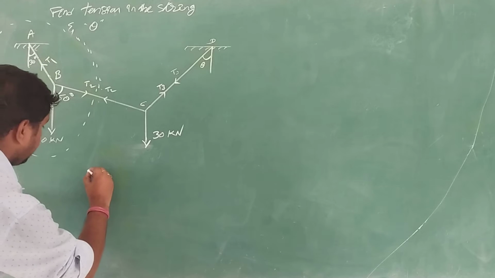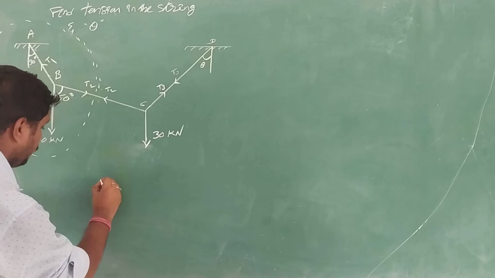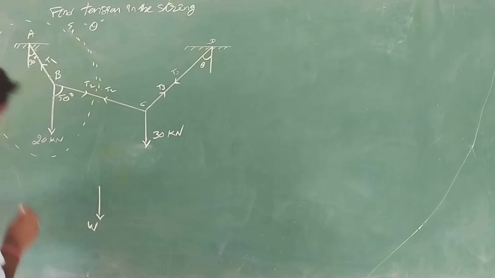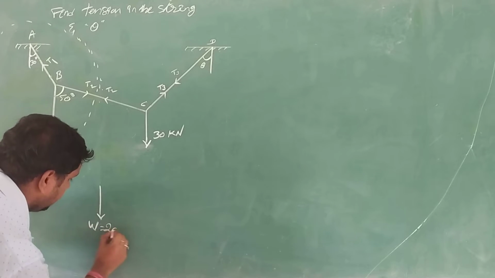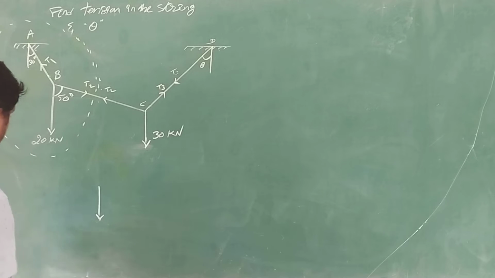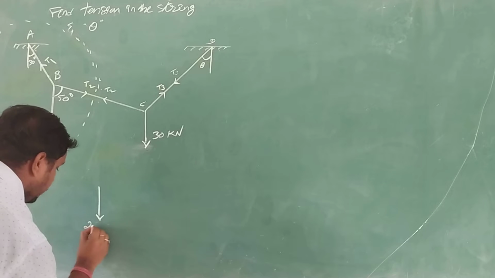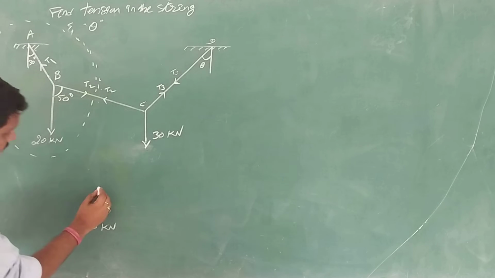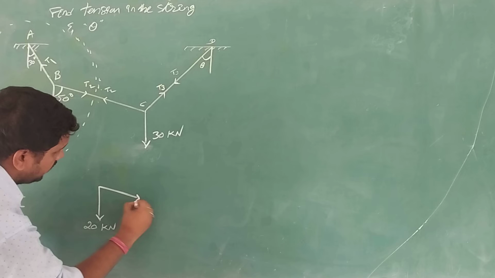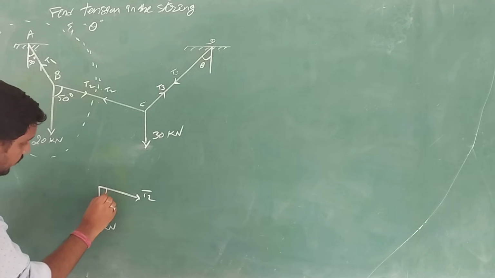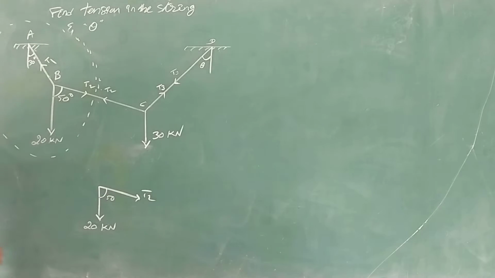First we have the weight W, which is 20 kilonewton. Next we have tension T2, which makes an angle of 50.